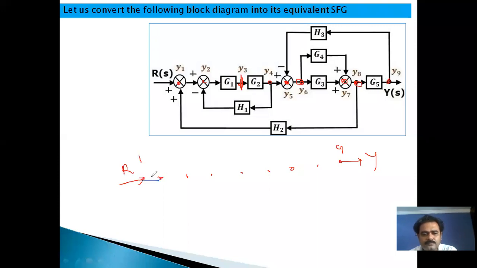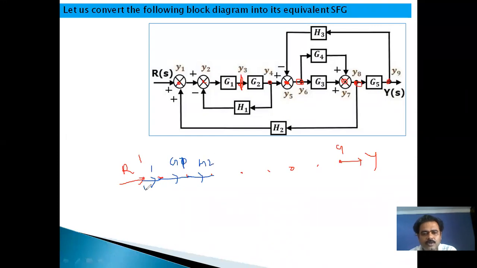So we have unit gain from Y1 to Y2. From Y2 to Y3 we have a gain value of G1. From Y3 to Y4, again we have one more gain.